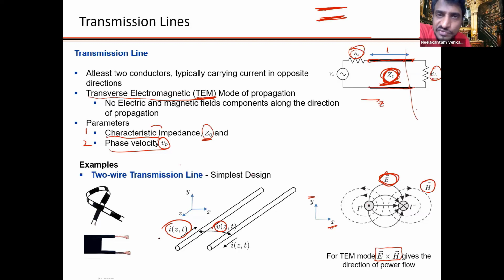You are more comfortable dealing with voltages and currents rather than electric field and magnetic field. So TEM mode gives you that advantage, and that's one reason why analysis of TEM modes in transmission lines like this two-wire cable becomes a lot easier. The simplest design is simpler to also understand. Voltage across the two points in the two wires, as well as the current at any point, that is, one is having the plus current and the other one is having the minus current.